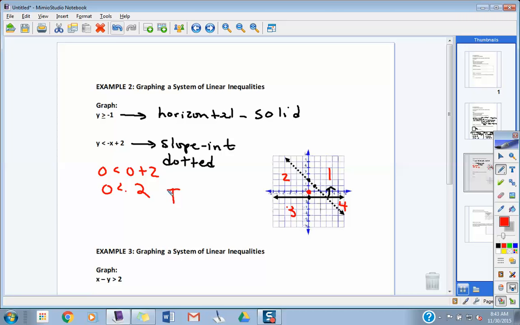You have to be below the dotted line and above the solid line. So which section does that limit me to then of the 4? Section 2. We're going to be right in here. So we're going to say the collection of points that's going to satisfy this is going to be that section right there. These are all the points that make both inequalities true at the same time.